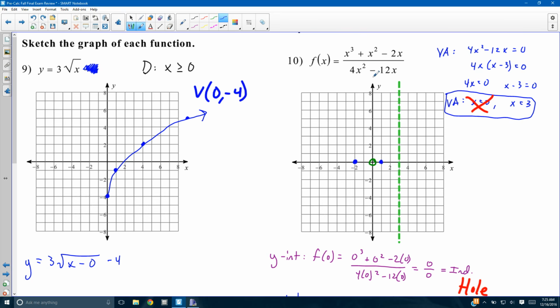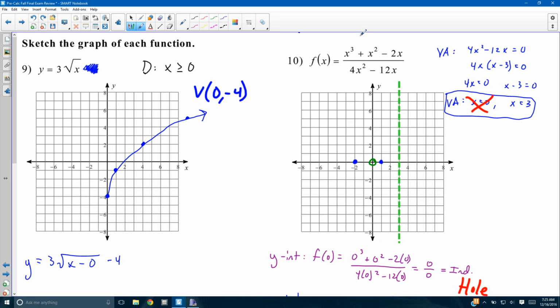Now, like I said, there will be no slant asymptote, but I can find the other type of asymptote here just by dividing. And when it comes to dividing, I can use long division here. You cannot use synthetic unless it's a linear quantity, a linear factor.